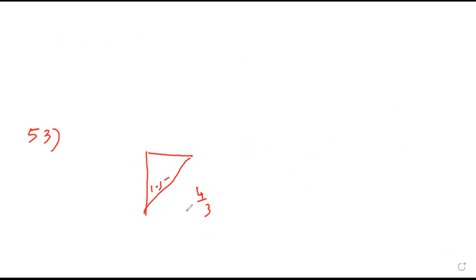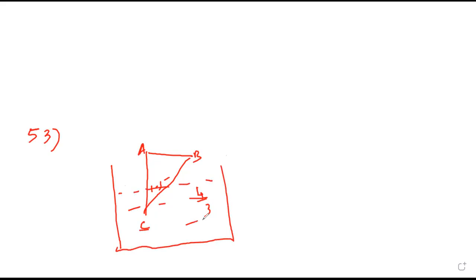A light beam incident normally on face AB is totally reflected to reach face BC. What is theta? So it is immersed in water and light is incident normal on this face.